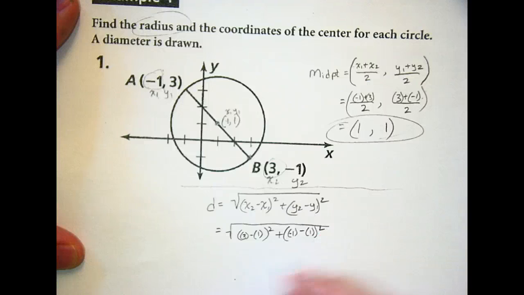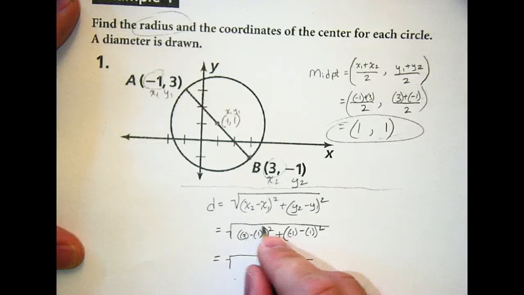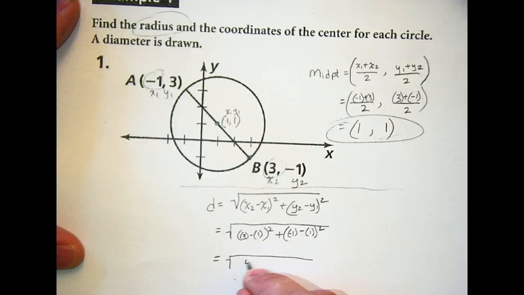And we'll square it. What do we get here? This is 2 squared, 4, and here you get negative 2, right? When we square negative 2, what do you get? It's root 4 plus 4, which is root 8.